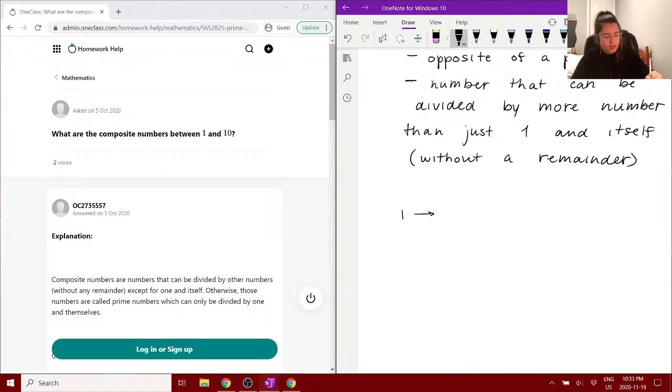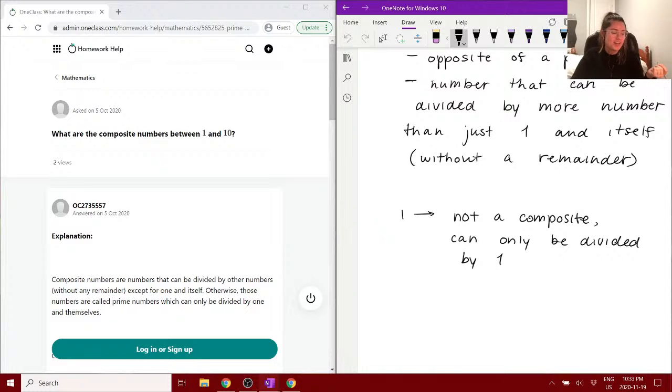So let's start with 1. 1 we know is a prime number, so it's not a composite. And that is because it's a prime number, which means it can only be divided by 1, and I guess it can only be divided by 1 and itself, but that's redundant since it is 1.